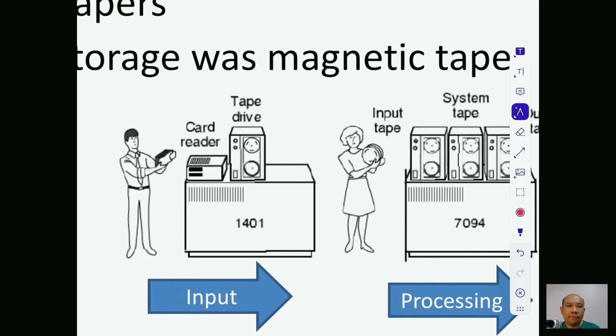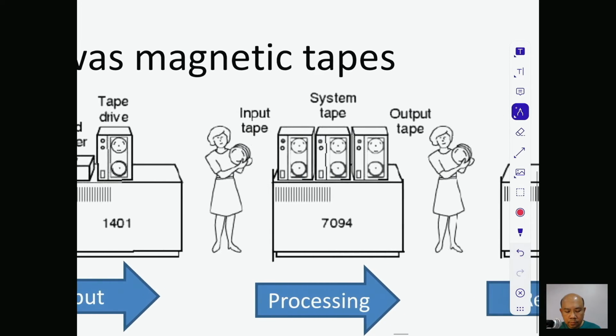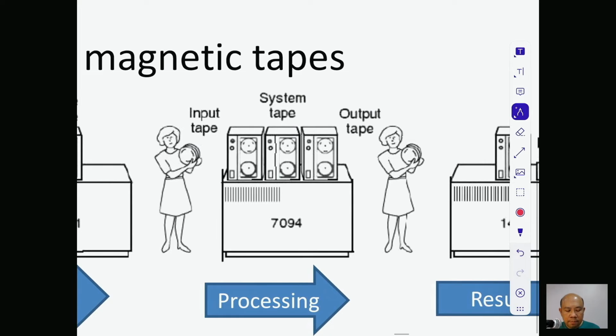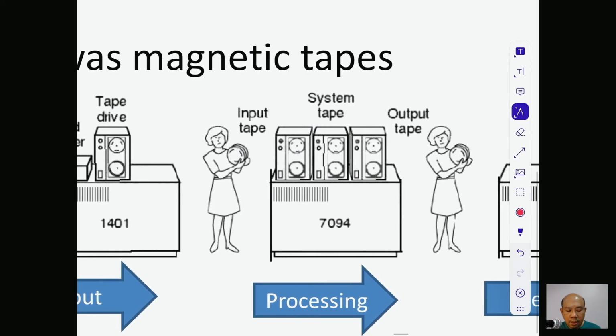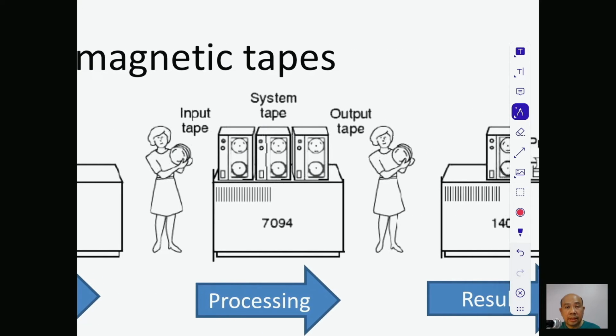All the data from the card reader is read and recorded to a data tape on a tape drive. Then the user brings the tape from the tape drive and puts it into the system.